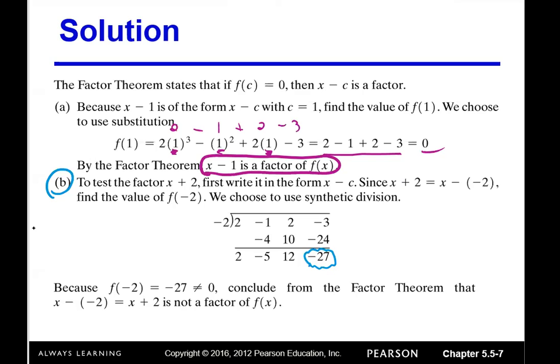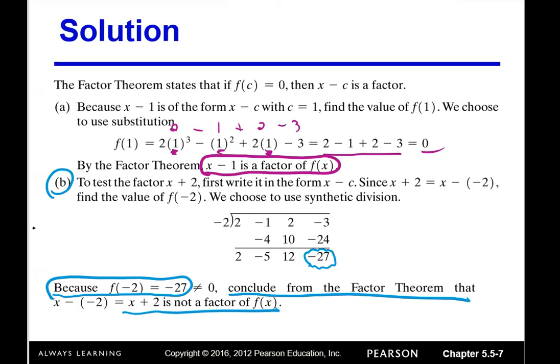But it does say right here, because f of negative 2 equals negative 27, which does not equal 0, conclude from the factor theorem that x plus 2 is not a factor. We're going to do some synthetic division in another problem later, but for this example, I would just use the factor theorem.